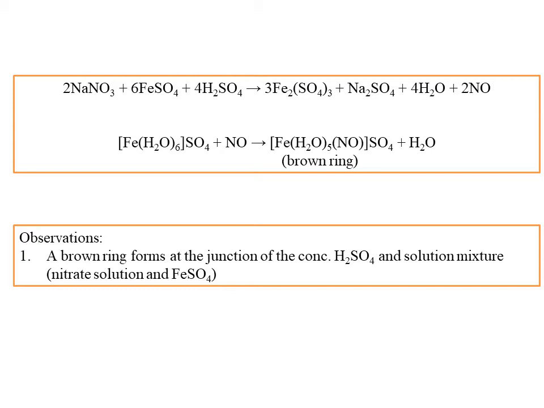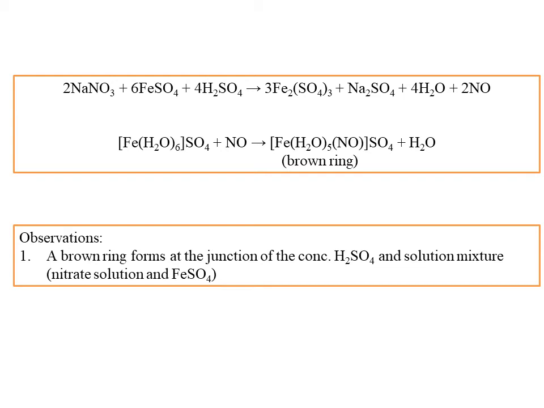We took sodium nitrate solution, and with that we added freshly prepared ferrous sulfate, followed by concentrated sulfuric acid. The point is that we get nitric oxide, NO, forming inside this liquid mixture within the medium itself.